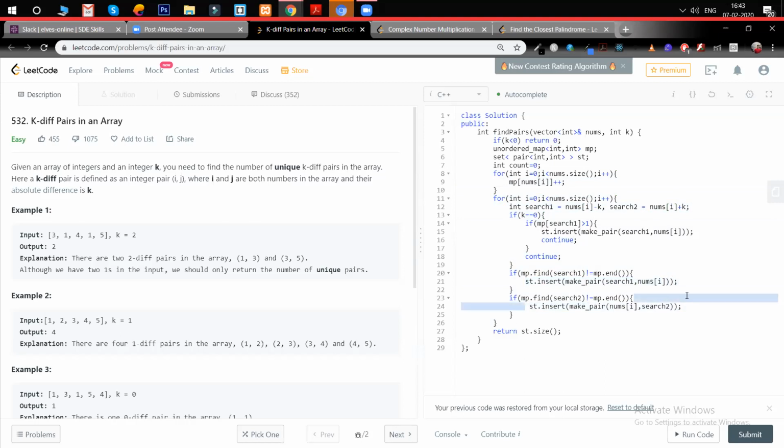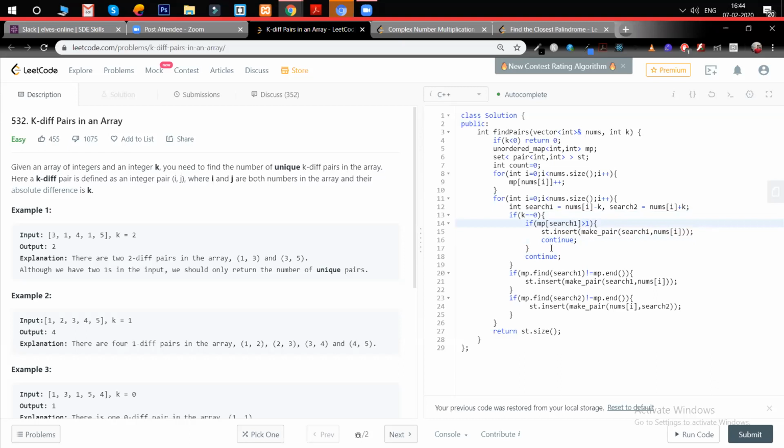I made one special case for k equals 0, because if k is 0, then when we subtract or add it to the integer, we get the same integer back. So for that, our count should be greater than 1. So this was the main situation.